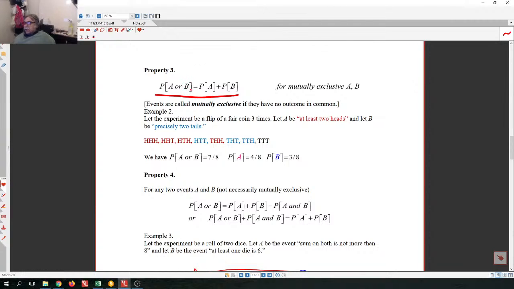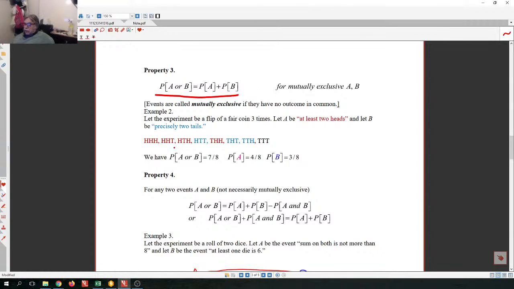So the event A or B has 7 things in it. You can call it C if you like, but you can just call it A or B. That's the same as the probability of A plus the probability of B. And it makes perfect sense.